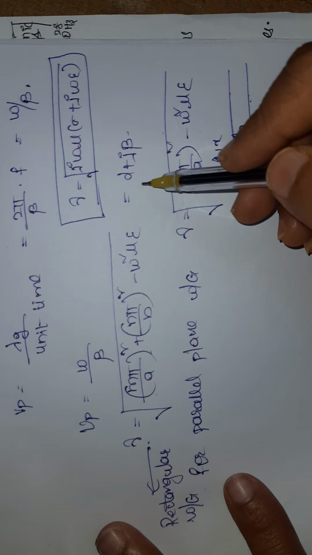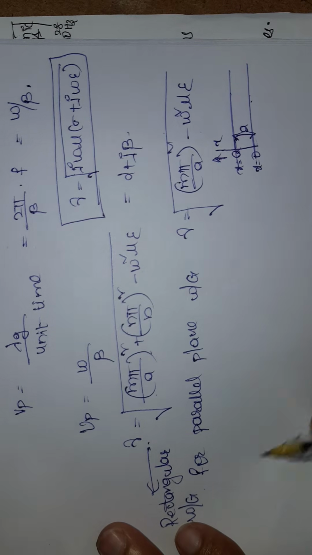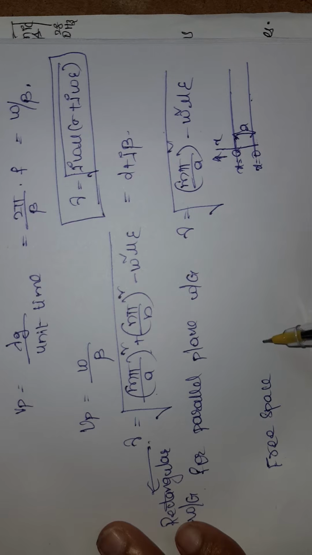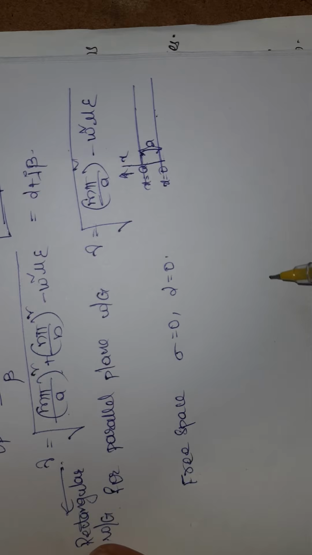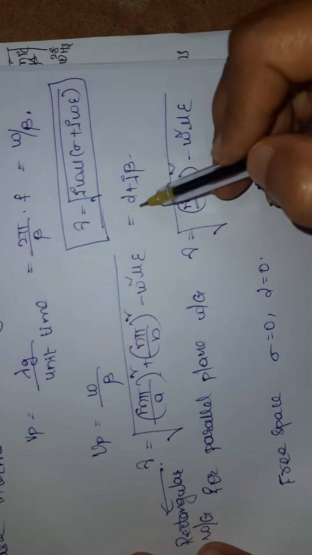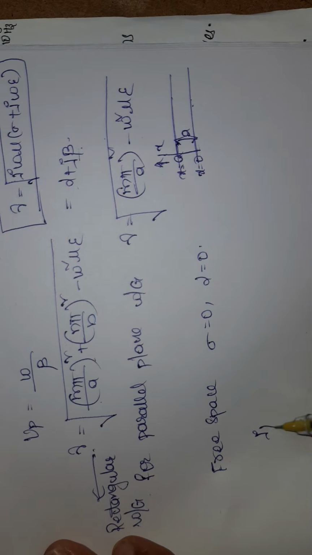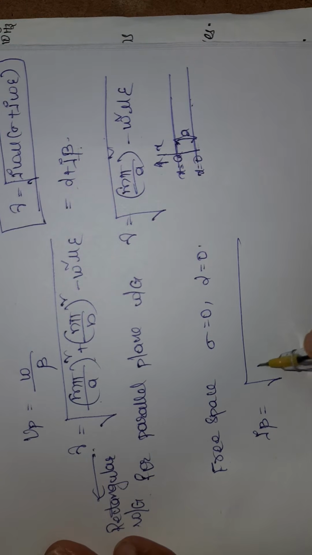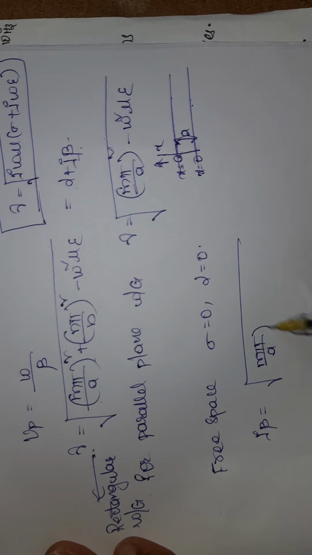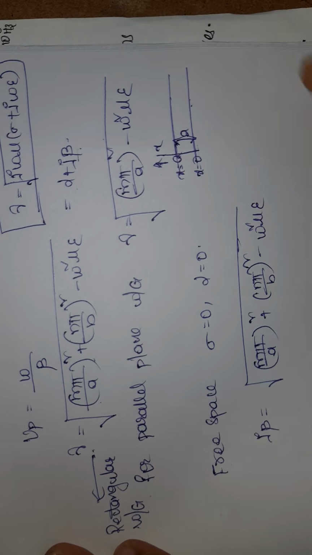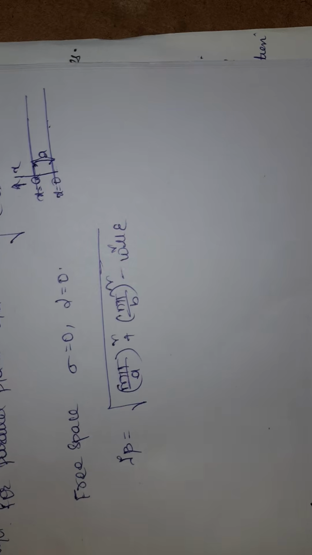But what is attenuation? Here in free space conductivity is 0, so attenuation is 0. If alpha is 0, I got only j beta on the left side. That is, j beta is equal to the square root of m pi by a whole square plus n pi by b whole square minus omega square mu epsilon.